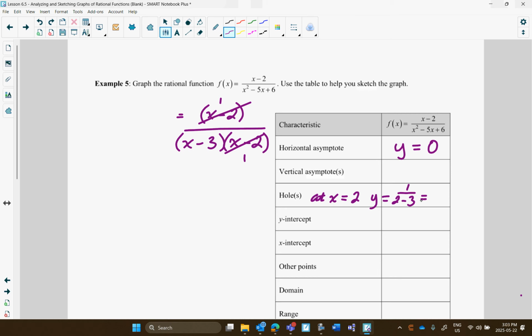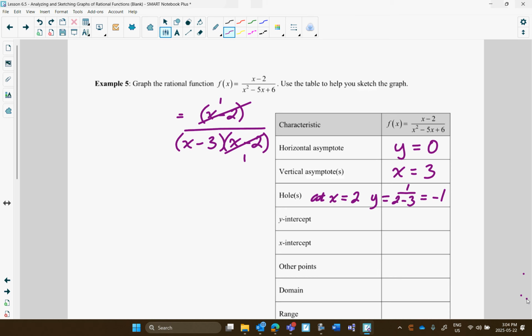What's 1 divide 2 minus 3? Negative 1. 2 minus 3 is negative 1. 1 divided by negative 1 is negative 1. Is there still a vertical asymptote? Is there still something on the bottom? Yes. What value of x makes this 0? 3. So therefore, there's a vertical asymptote at x equals 3.